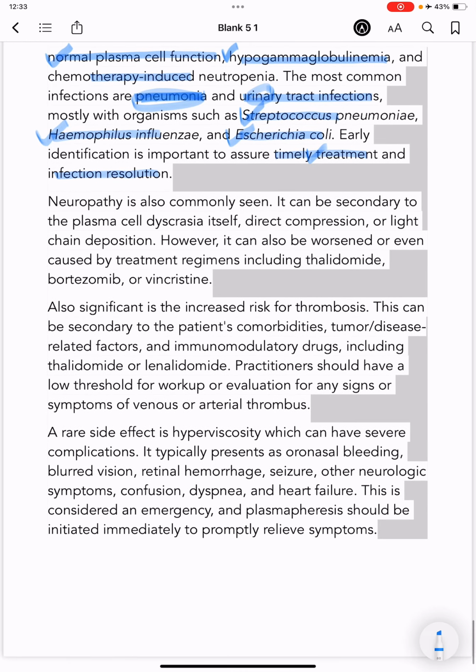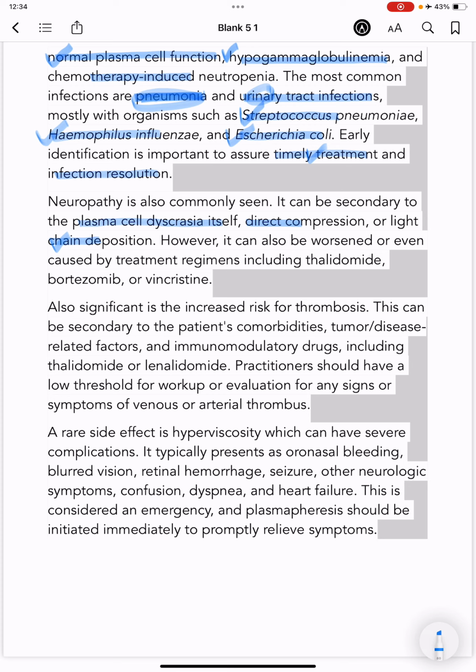And then we also have the neuropathy. This neuropathy is also commonly seen in multiple myeloma patients. Why neuropathy? It is due to plasma cell dyscrasia itself, direct compression by plasmacytoma, or light chain deposition.